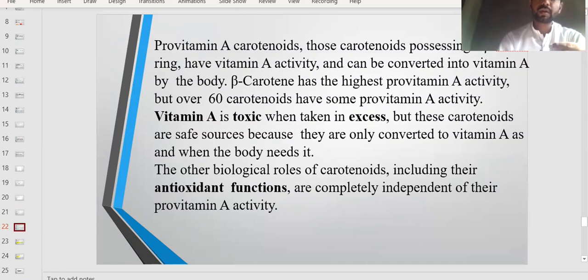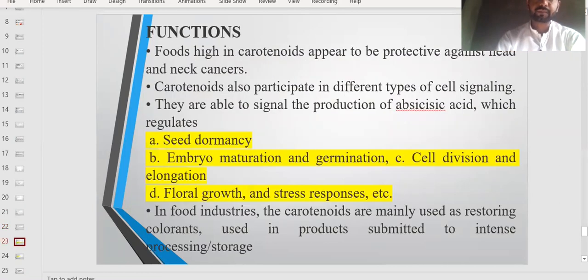The other biological roles of carotenoids, including their antioxidant function, are completely independent of the provitamin A activity. Foods high in carotenoids appear to be protective against head and neck cancer.